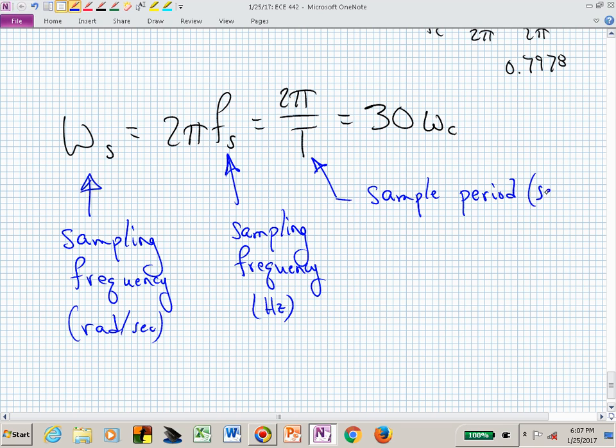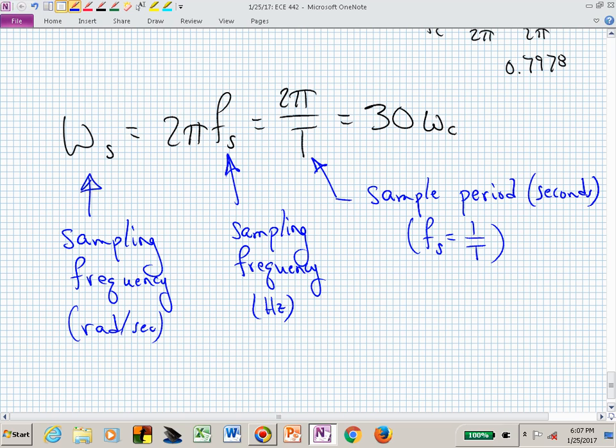And that has units of seconds, where F sub s is simply the reciprocal of T.